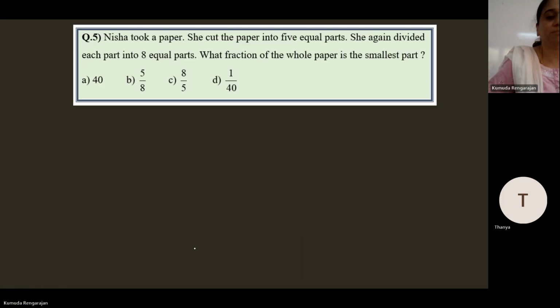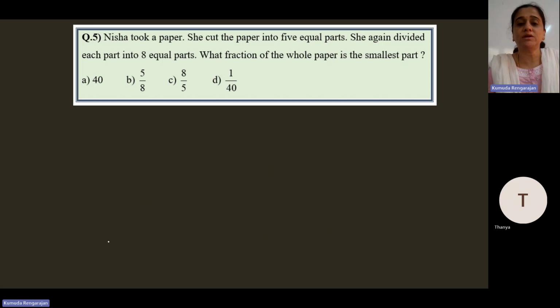Nisha took a paper. She cut the paper into 5 equal parts.